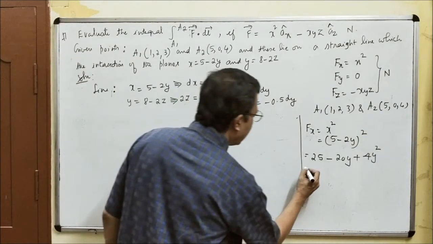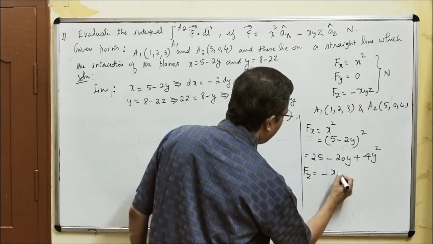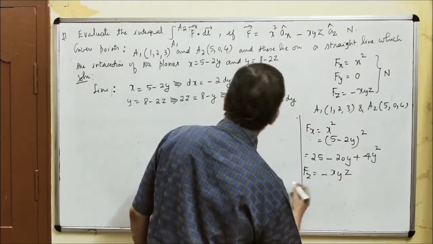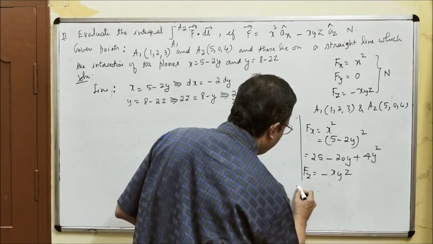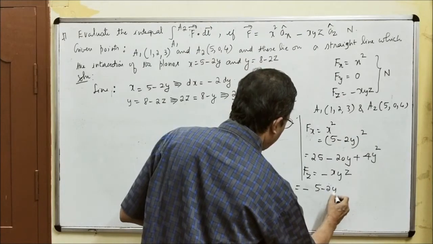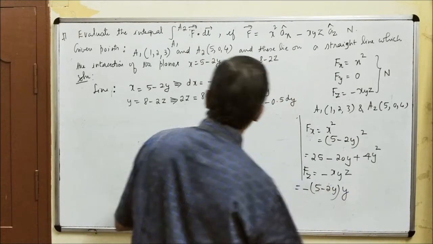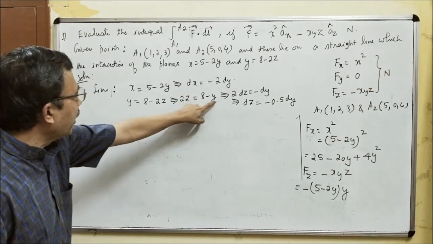What is Fz? Fz is equal to minus xyz. What is x? x is 5 minus 2y. What is z from here? 2z is equal to 8 minus y.